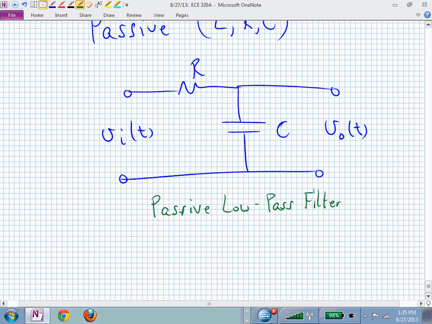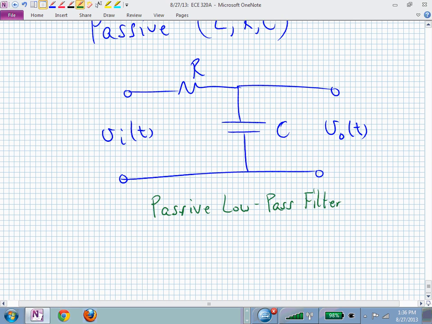That's now a passive low-pass filter. And you could play with a lot of different R's, L's, and C's. It's passive because we don't have to power those circuit elements to make them work. They just work on their own. They don't need any external supplies to function. So it's passive. That's where the passive comes from.